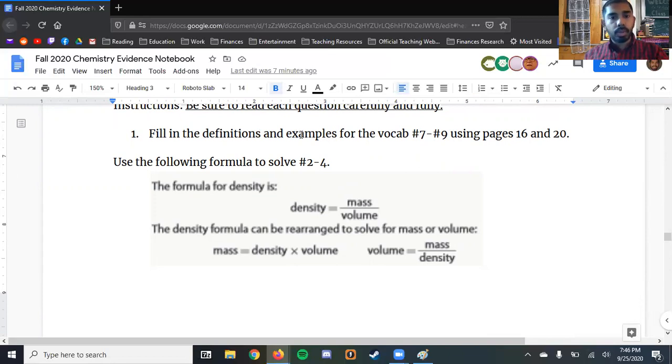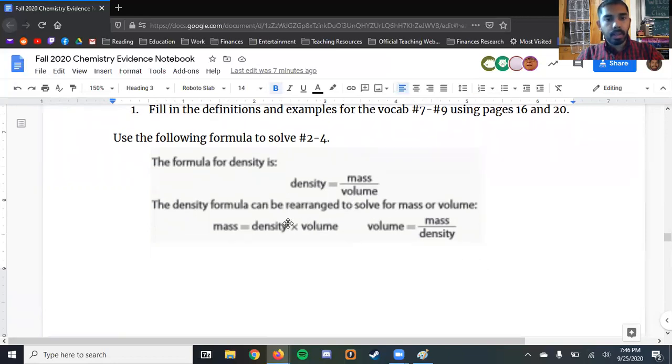So for numbers 2 through 4, we'll be using these formulas, 1, 2, and 3. They're all basically the same formula. It's the formula for density. As 1 reads, to find density, we need the mass over the volume. To find mass, we need density times the volume, which is just this equation rearranged.